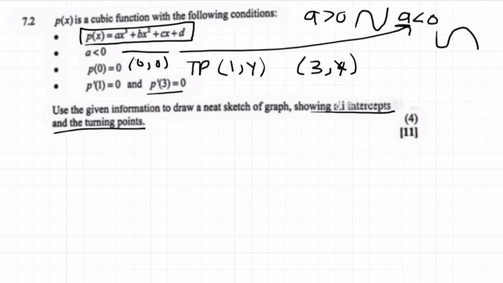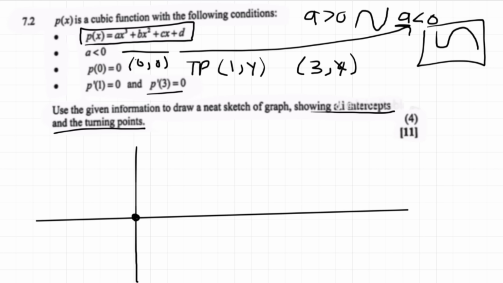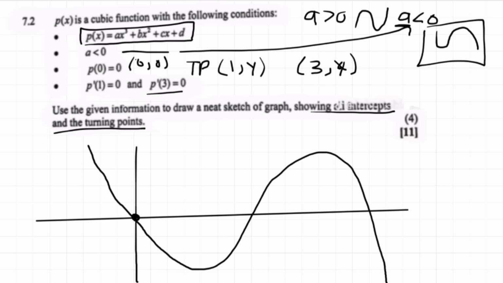So let's just show them. Let me just try to draw this. Okay, cool. So what do we have first? It has to pass through the origin, and our shape is going to look something like this. So hopefully it comes something like this over there. Good, like that.